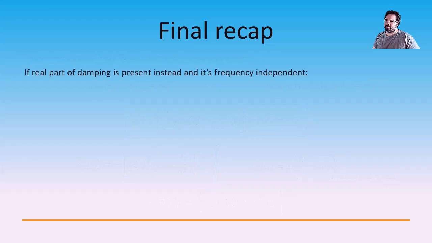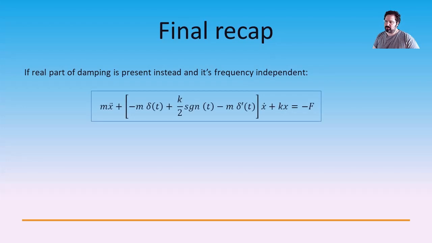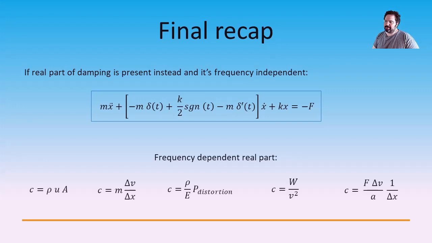If the real part of damping is present instead and it's frequency independent, we have this formula. In the case of frequency dependent real part, I try to imagine all of these relationships that you can see.